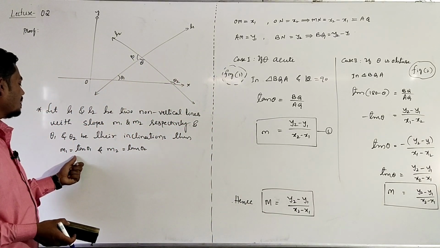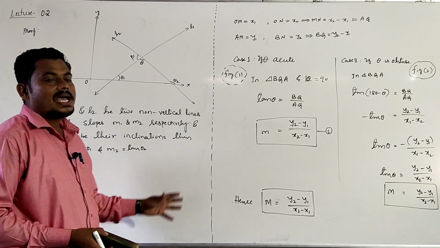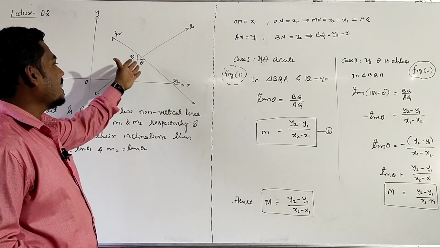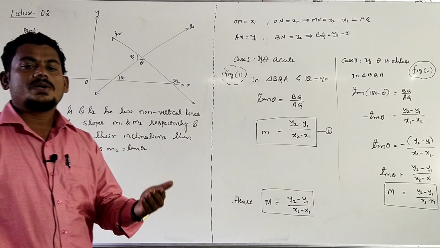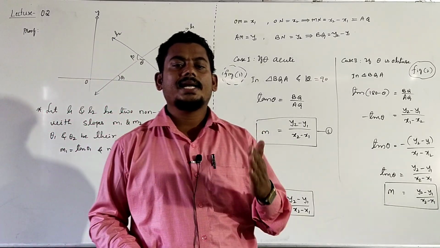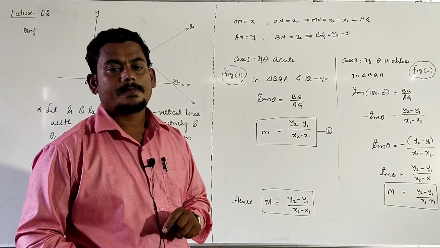From the given data, m1 is equal to tan theta 1 and m2 is equal to tan theta 2, and theta is the angle between the two lines, the angle between L1 and L2. Here there exist two lines.